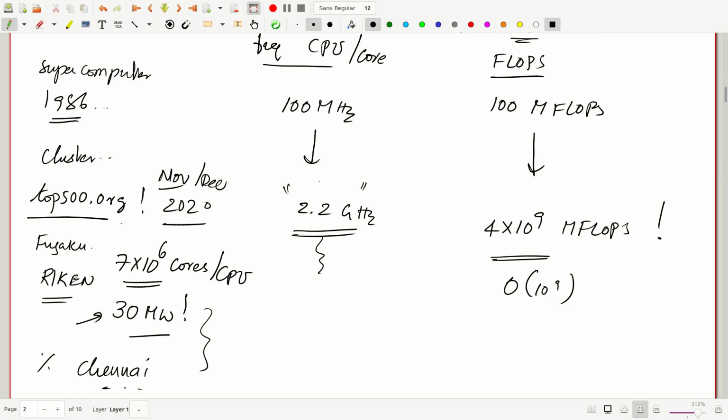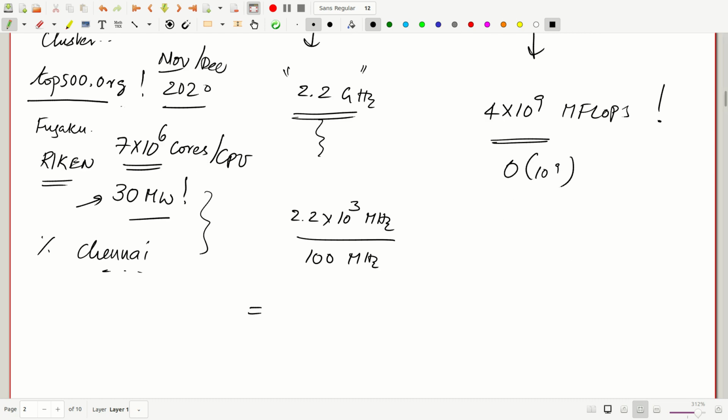Okay, approximately. That means this one has increased by 2.2 into 10 power 3 megahertz divided by 100 megahertz, right? That basically gives you around 22, that is of the order of 10.